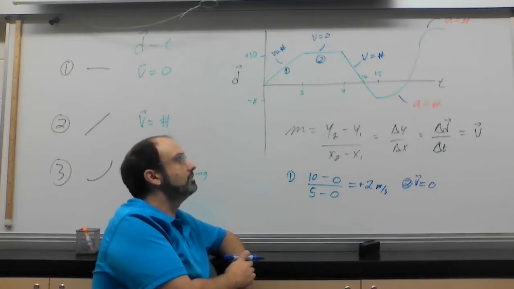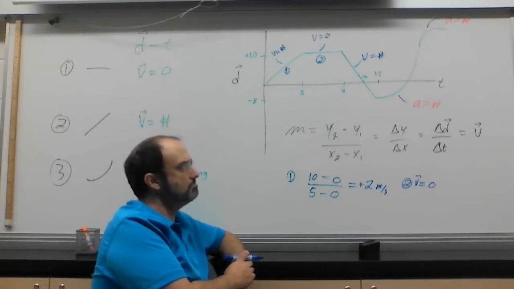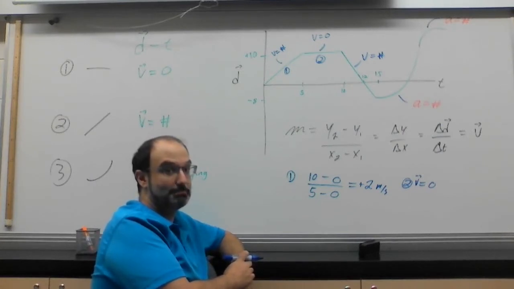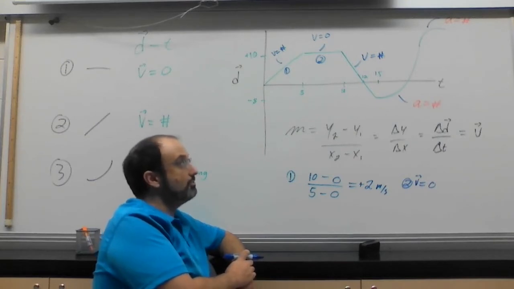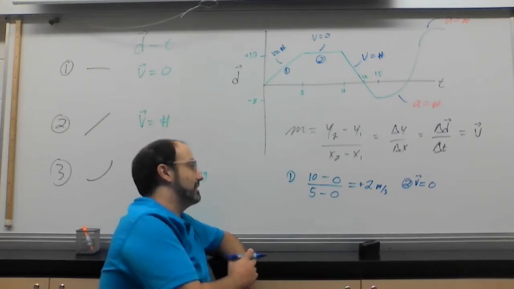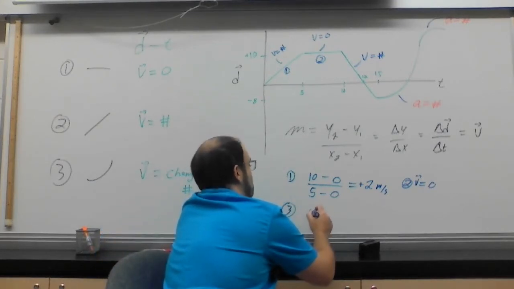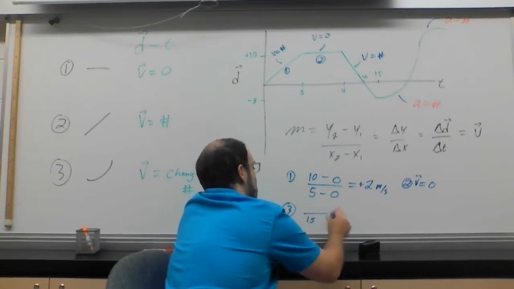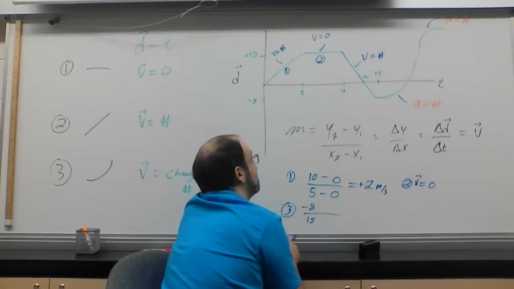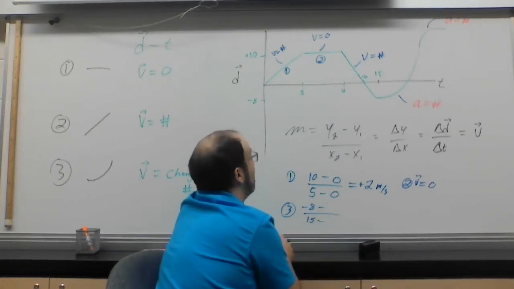Now we've got the velocity of section 3. Oh, but I crossed the axis. Is that going to make a huge change? No, actually, it doesn't make any change at all. My final point at the bottom there we said was negative 15, negative 8. So section 3, 15 is my time, and negative 8 is my y, so my final position.